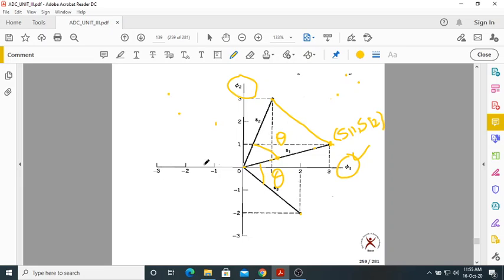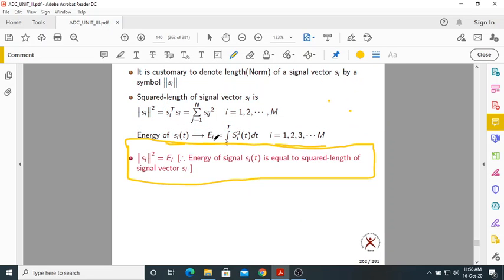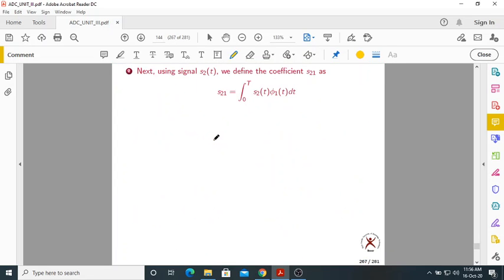Suppose there are 3 basis functions, it becomes a 3-dimensional signal space. If there are n basis functions, it becomes an n-dimensional signal space. So that's why we have to find those basis functions.